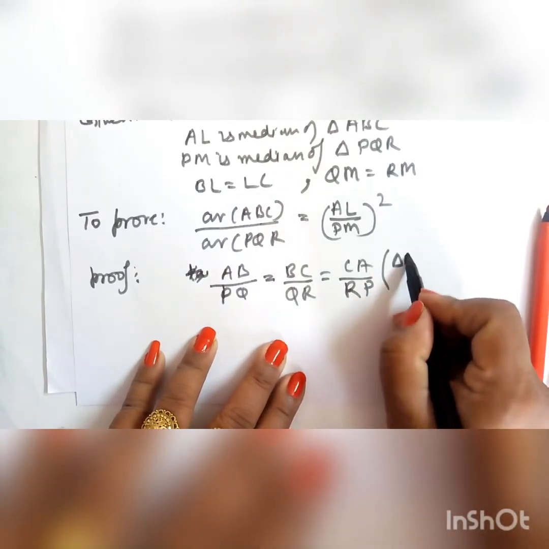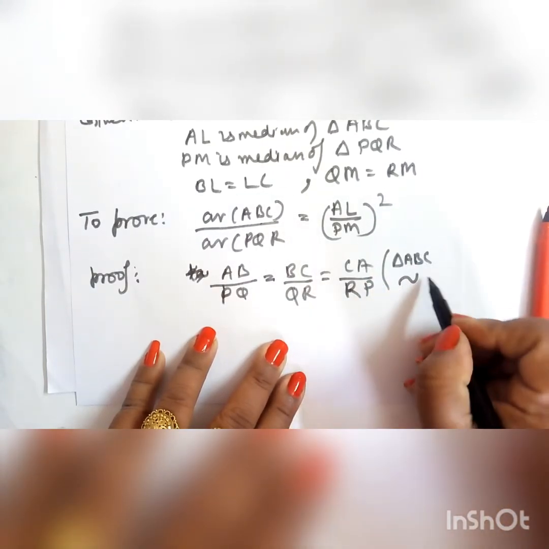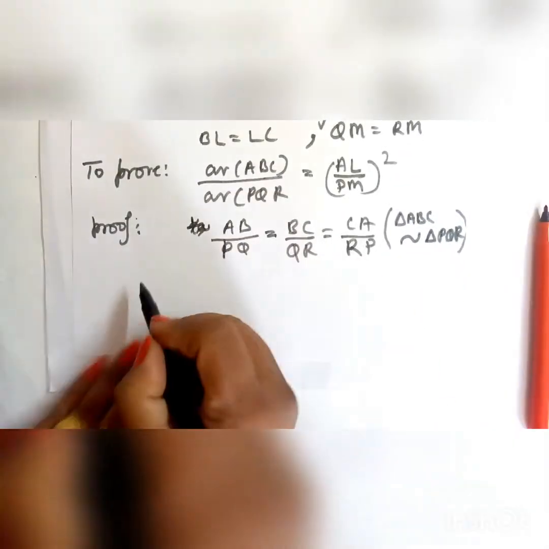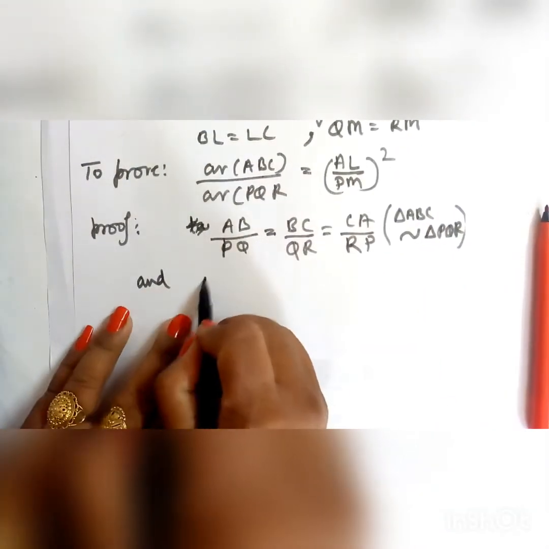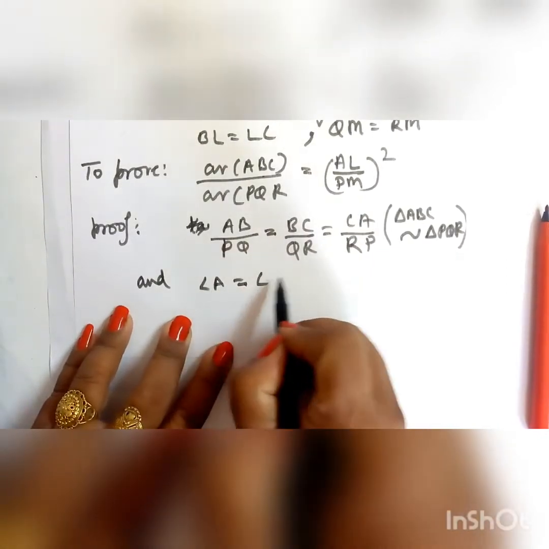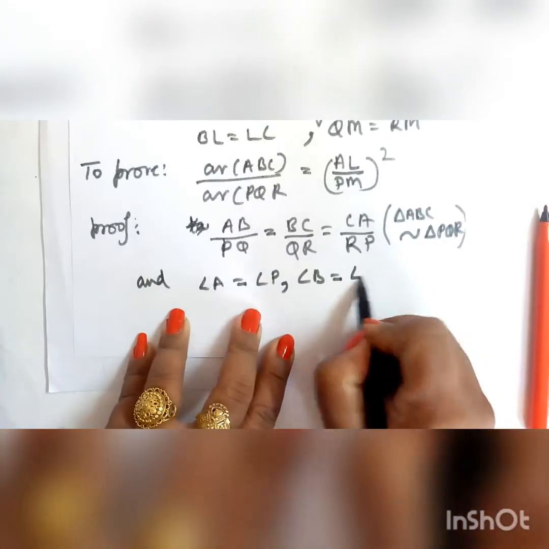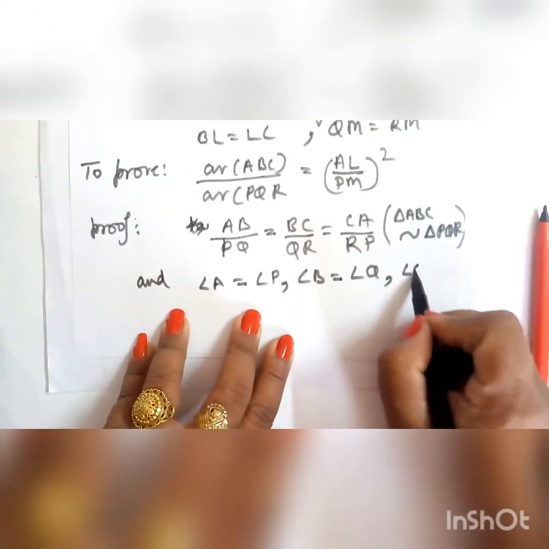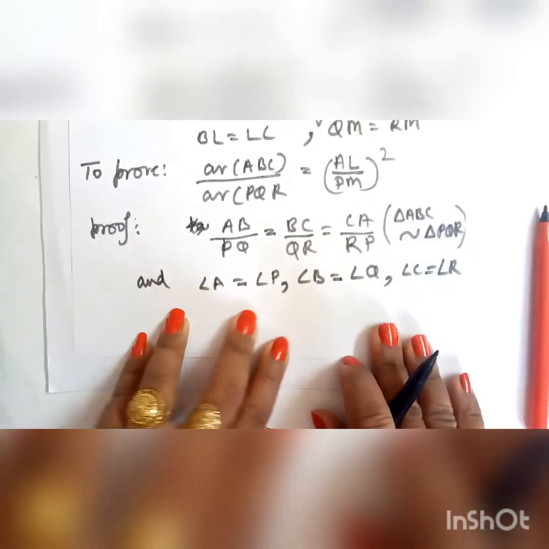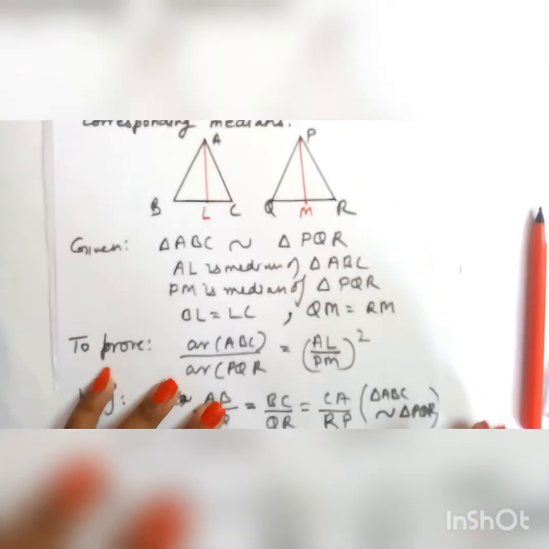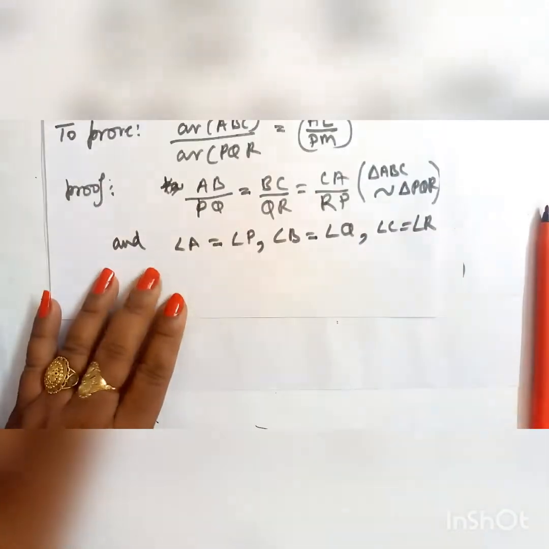And angle A is equal to angle P, angle B is equal to angle Q, and angle C is equal to angle R. Since the triangle ABC is similar to triangle PQR, we are going to take each and every property of this. See what are the results that we can use here.